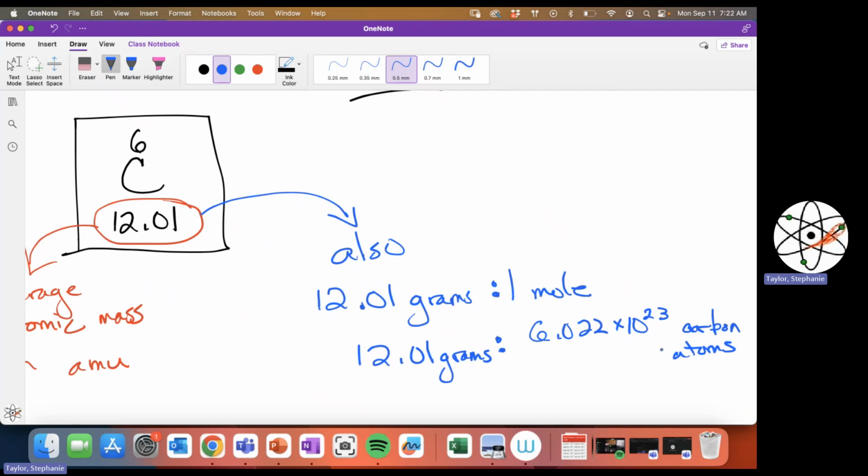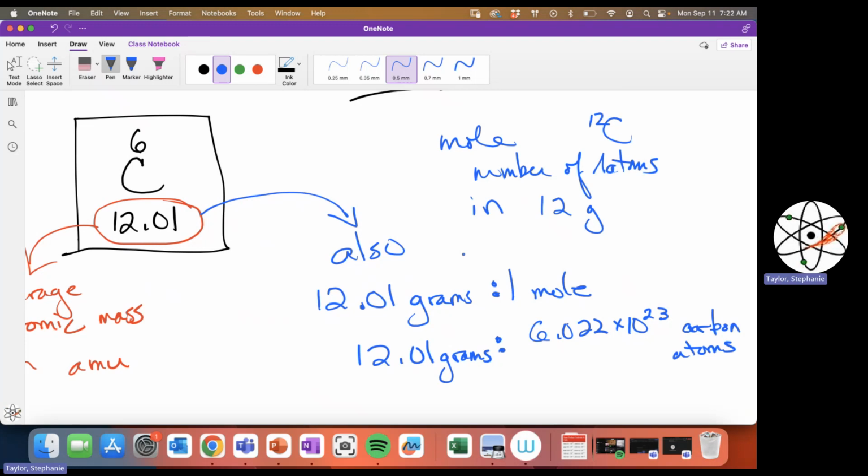We do also, by the way, get this number still from carbon-12. So we still define the mole as being the number of carbon-12 atoms in 12 grams.